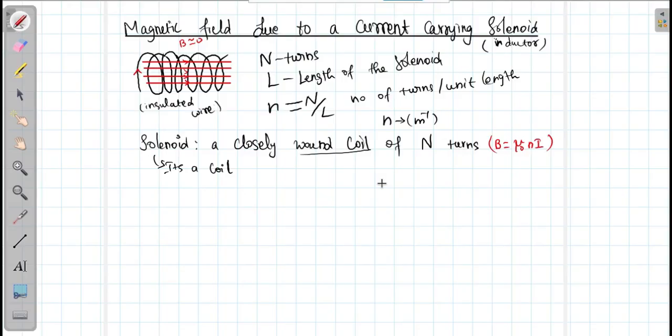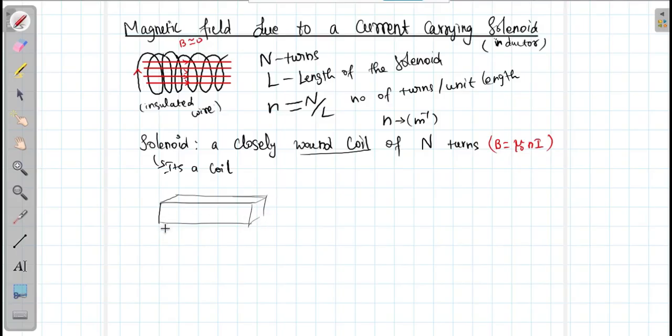So sir, if any wire is wound around a surface, it won't be a solenoid, right? Suppose it may be a rectangular coil or a square coil.